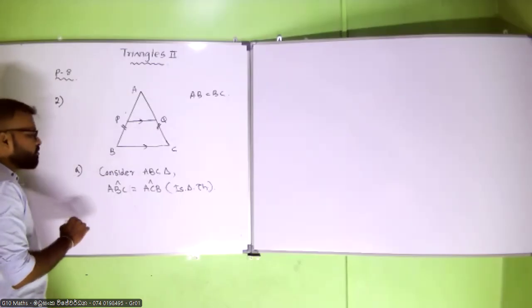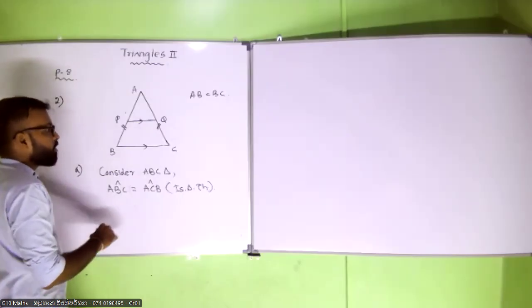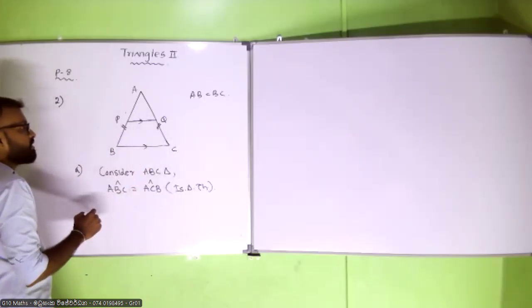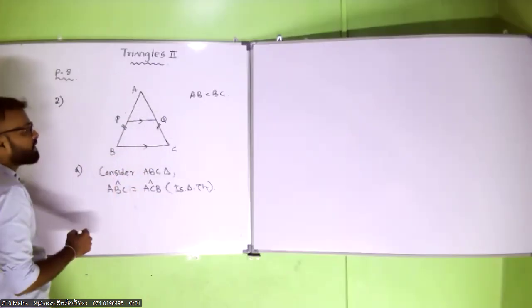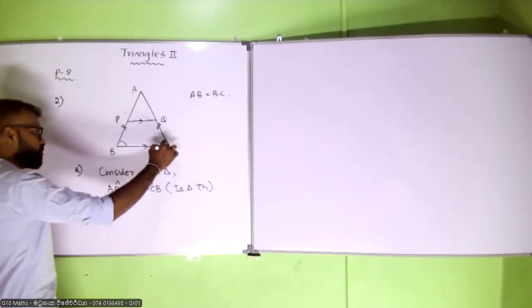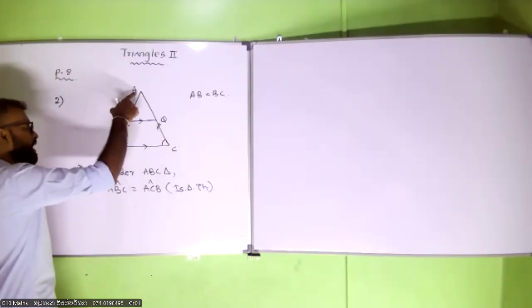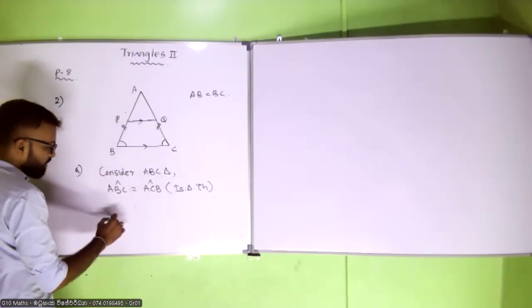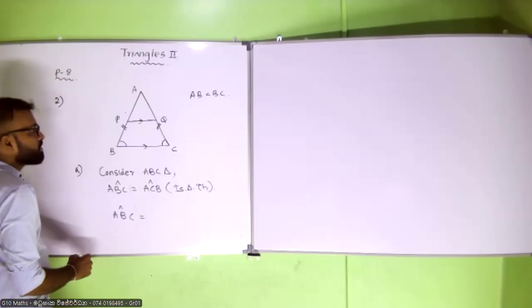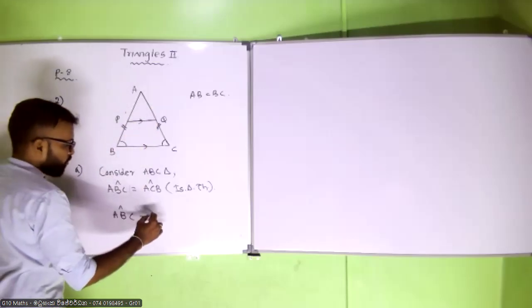By using that same thing, and also using this parallel thing, I know this one equals this one, and I can say angle ABC equals angle APQ.